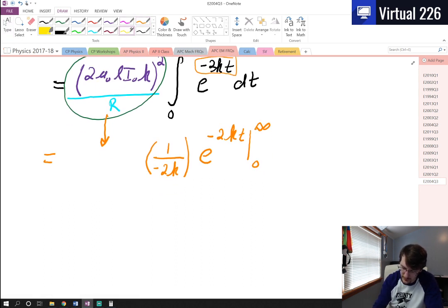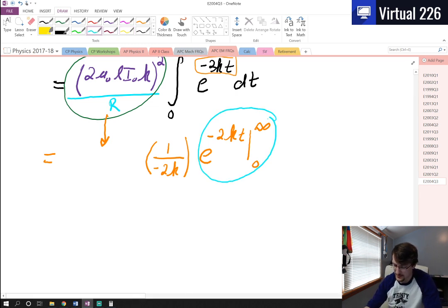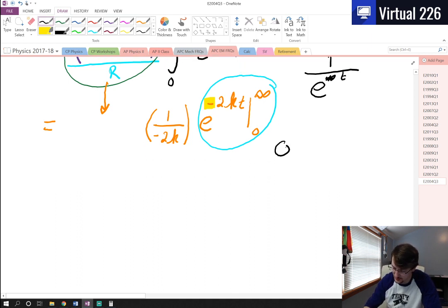When I go from 0 to infinity for this bit here, since it's a negative exponent, this is really like saying 1 over e to the something. And when I go 1 over infinity, that gives me 0.